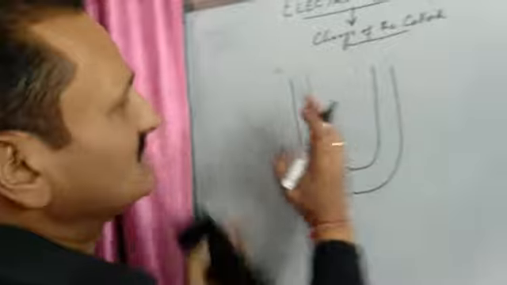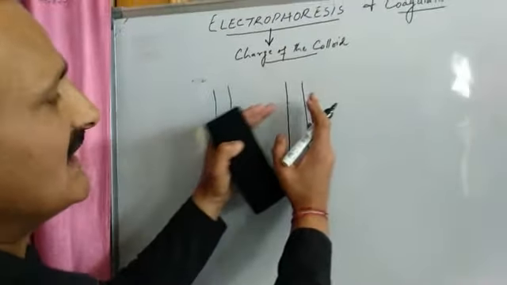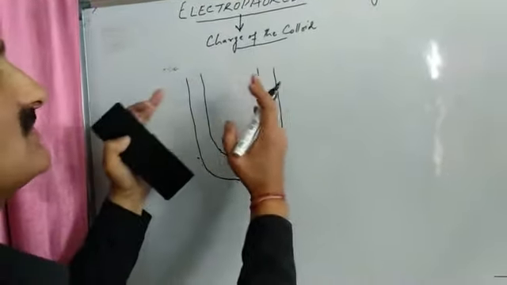It has two limbs, limb first and limb second, that is, two legs of this tube.